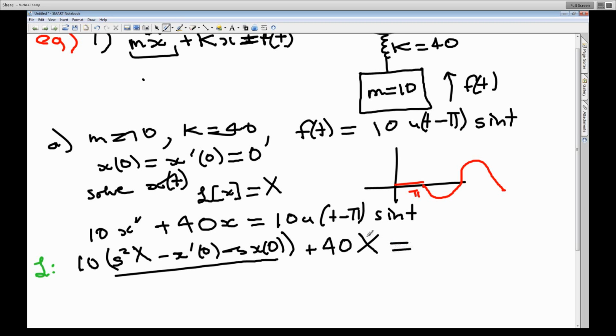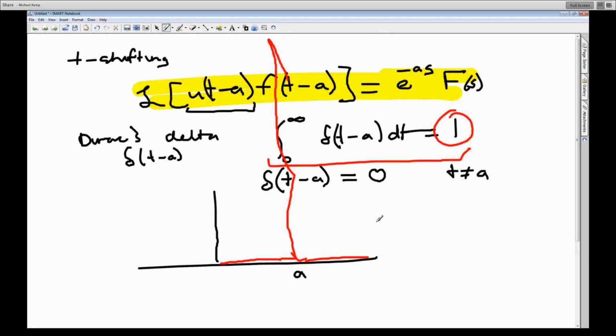And then we have to write this last term, so let's just rewrite it. In order to apply this one, when you've got a step function times another function, we really would like to use t-shifting. You can see with t-shifting, you really need to have u of t minus a, and here we've got u of t minus pi, but the function needs to be also shifted the same amount.